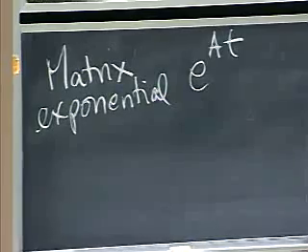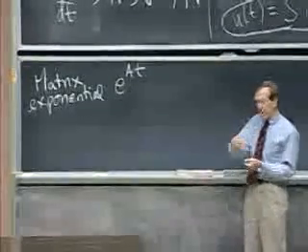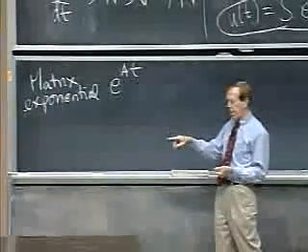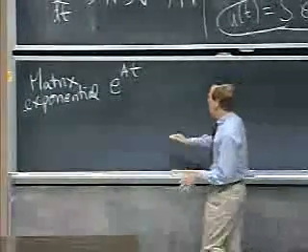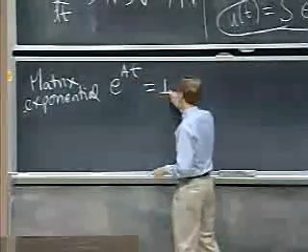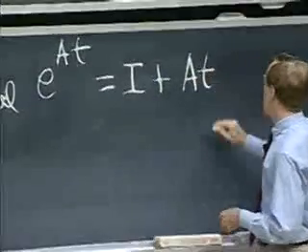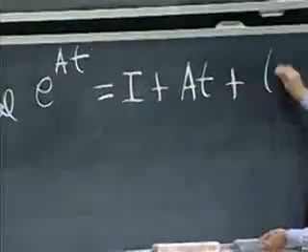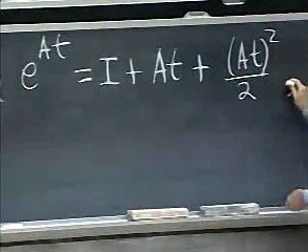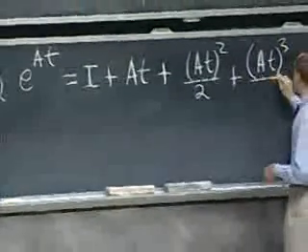The good way to define e to the x is the power series 1 plus x plus 1/2 x squared, 1/6 x cubed, and we'll do it now with a matrix. So the 1 becomes the identity, the x is At, the x squared is At squared divided by 2. The cube is At cubed over 6.